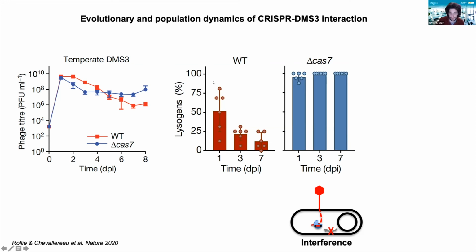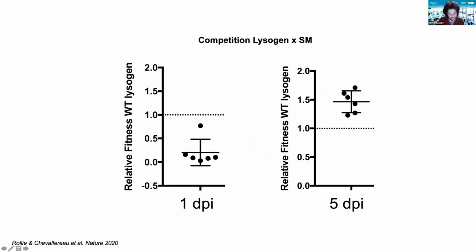But these lysogens decrease in frequency, whereas in the case of a Delta Cas7 mutant, we observe that these lysogens go to fixation. It turned out that these lysogens formed in wild-type bacteria are very sick, shown here as a relative fitness value very close to 0 when they compete with a surface mutant, a bacterium that lost the receptor.